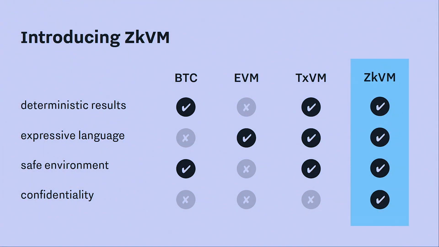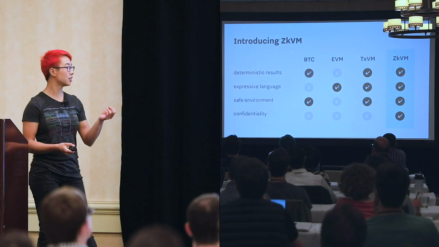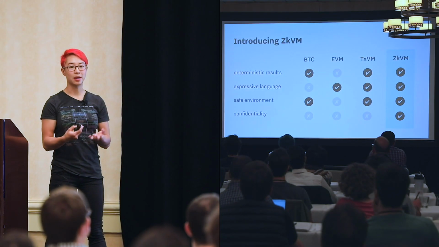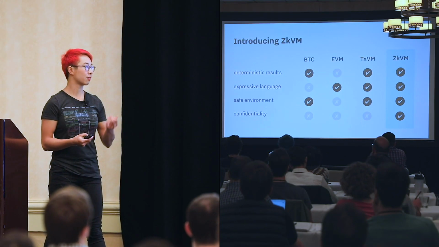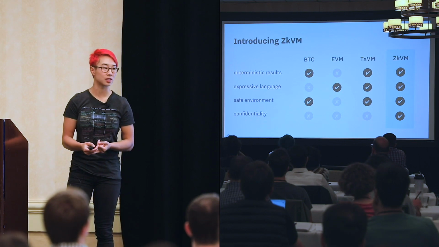Well, some background is that Chain, several years ago, made TXVM, which stands for the Transaction Virtual Machine, which was a new smart contract language that aimed to take the deterministic properties of Bitcoin, but also the expressive language of Ethereum, and combine those so that you can have safe execution, but also expressiveness.